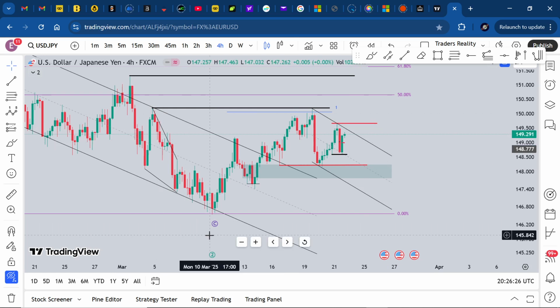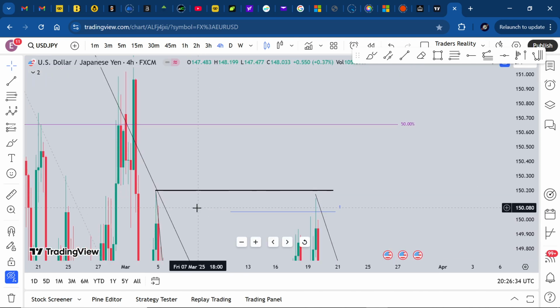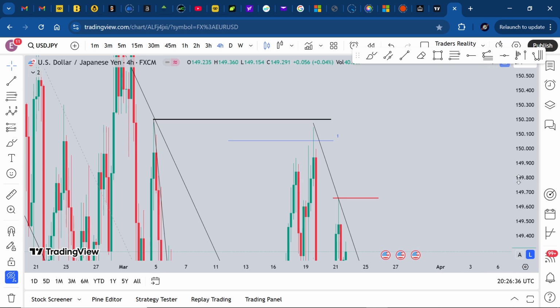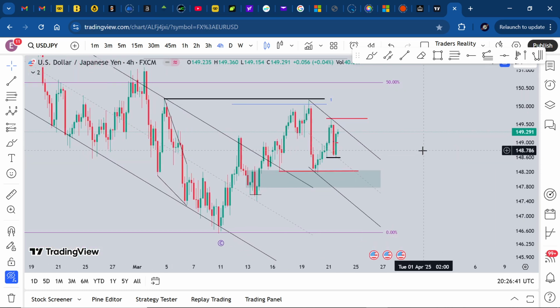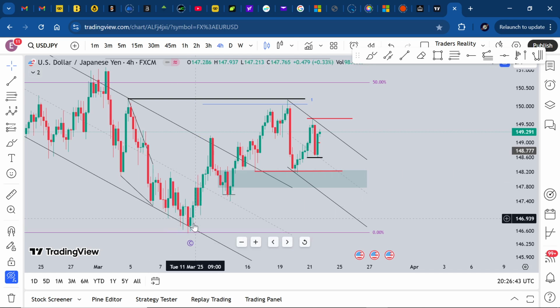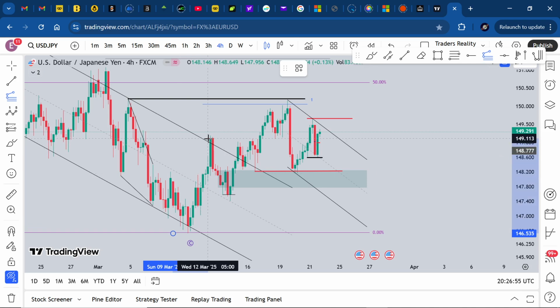Ending diagonal here. That's good. Challenge the supply wick. Didn't take it out. It's about getting this count because this could be A, B, C corrective, and then we get another 5 wave move down.